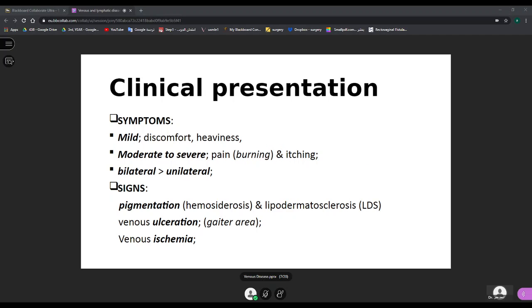So regarding the clinical presentation of varicose veins, the spectrum of clinical conditions is actually wide. Some patients only complain of some discomfort and heaviness in the lower limbs. In moderate cases, some patients may have pain, burning pain, itching.